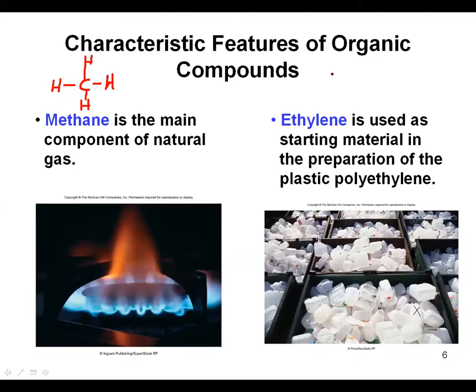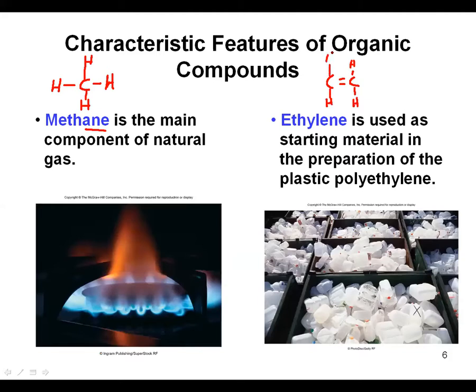Ethylene over here is used in preparation of plastic. Ethylene is 2 carbons with a double bond in the middle, and that's an alkene, which is why this one ends in ENE.